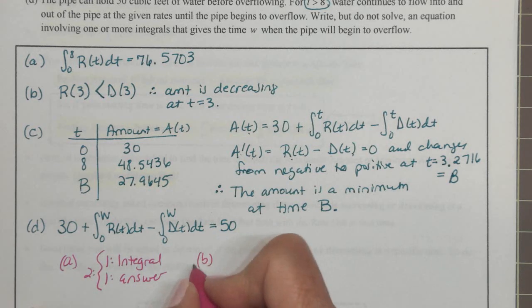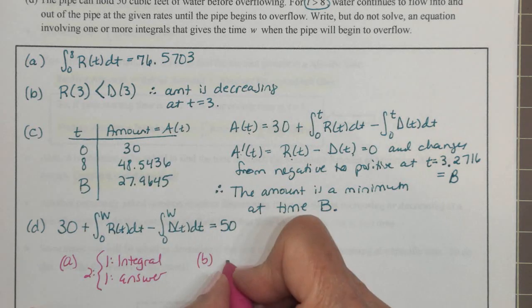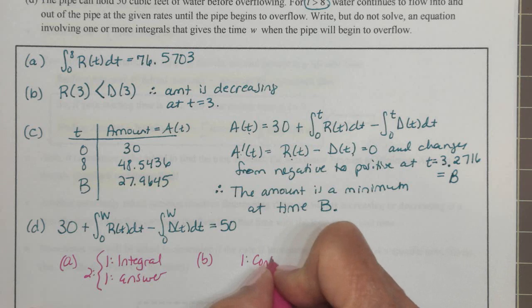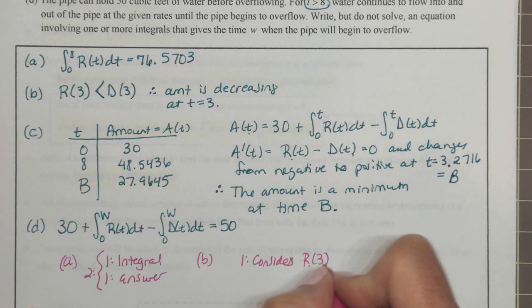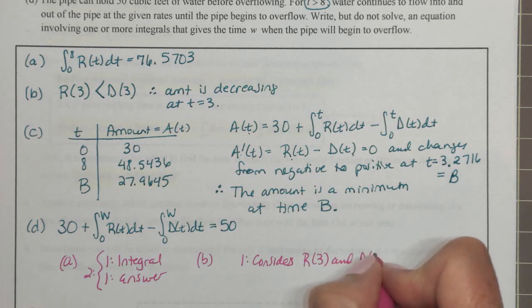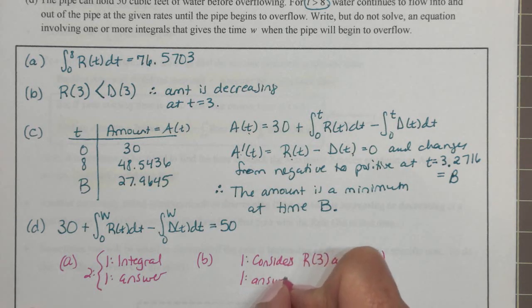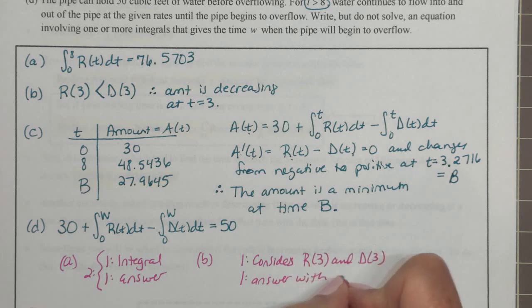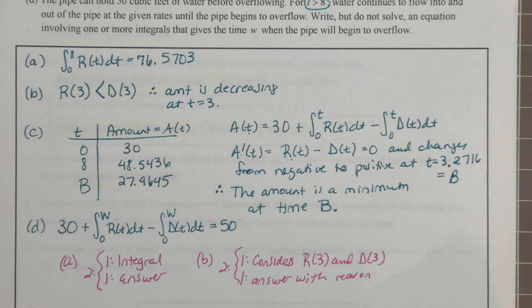For part B, 1 point for what they said considers R of 3 and D of 3, and 1 point for your answer with reason. Two points for that one.